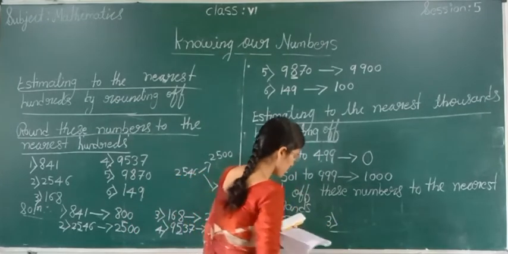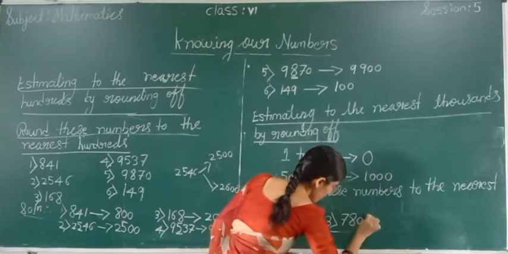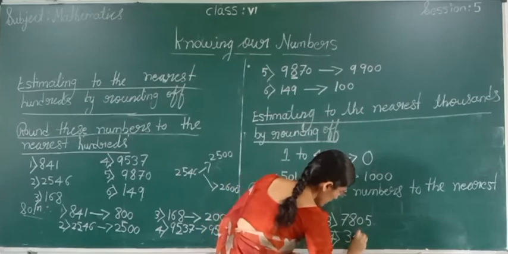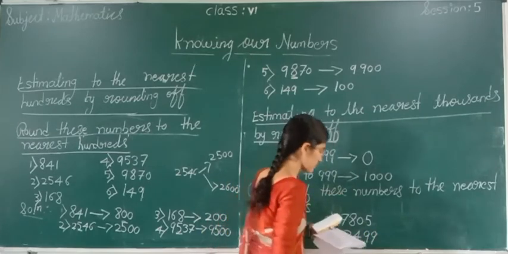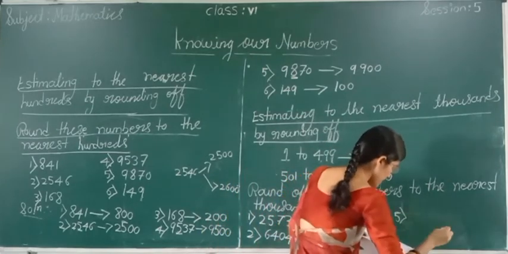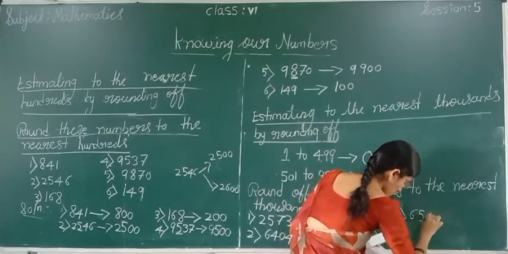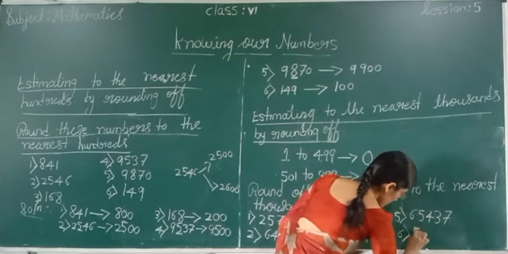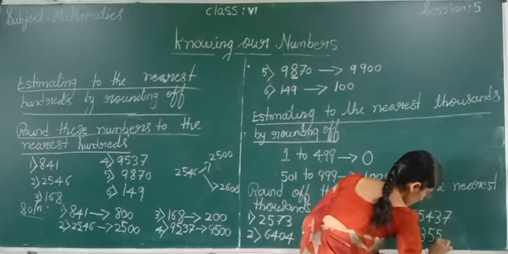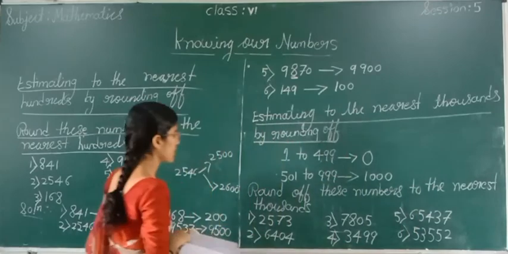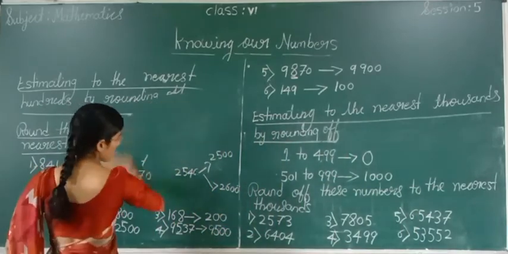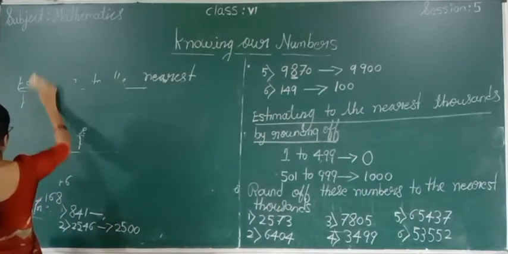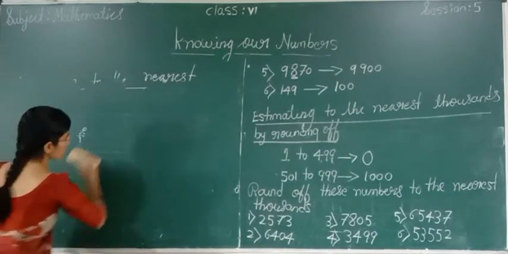Third one, 7805. Fourth one, 3499. Fifth one is 65,437. Sixth one, 53,552. Now see, these numbers are nearer to what? I think you got the answer.